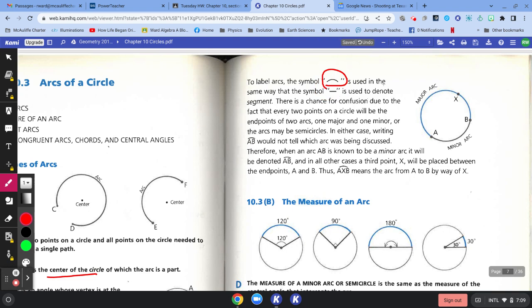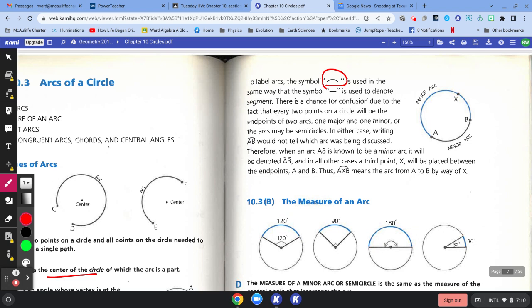At any rate, it has this little curve over it. So we would name arc AB. So the minor arc AB would be AB with this little curve over it. Okay, so when we refer to the arc, we are talking about it as the minor arc.